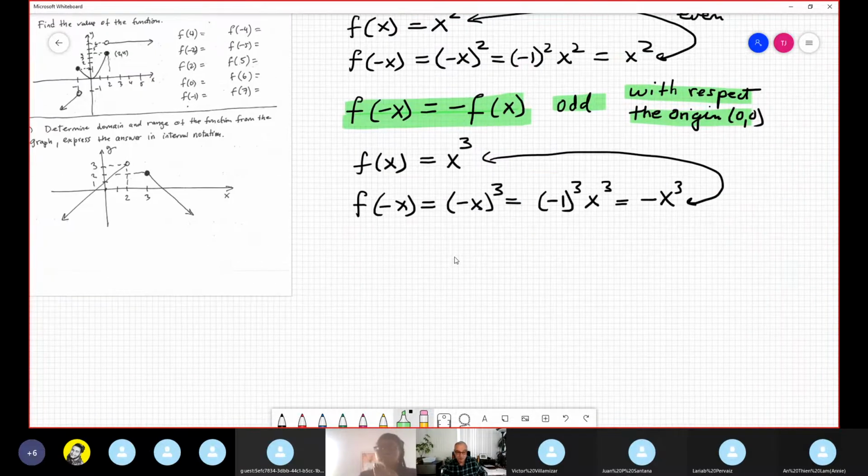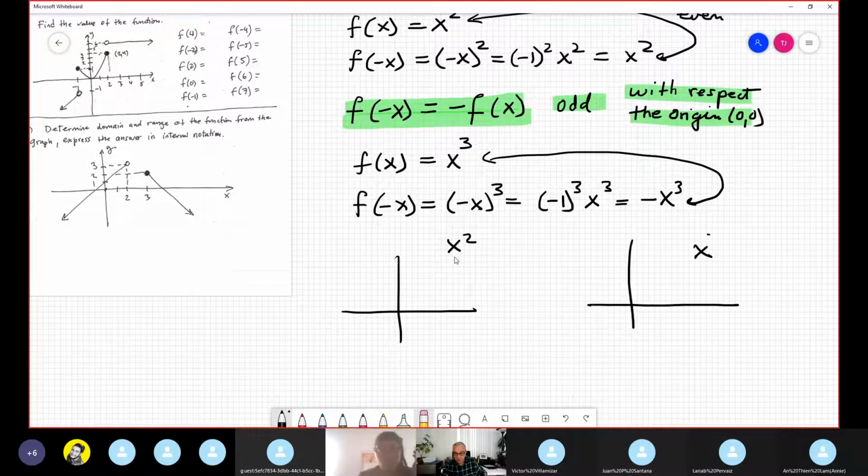That means, in the case of the parabola, x squared, and the case of the cubic function, x cubed, the parabola looks like that and the cubic function looks like that. When you make a reflection with respect to the y-axis, the parabola stays the same because this branch becomes like this branch.